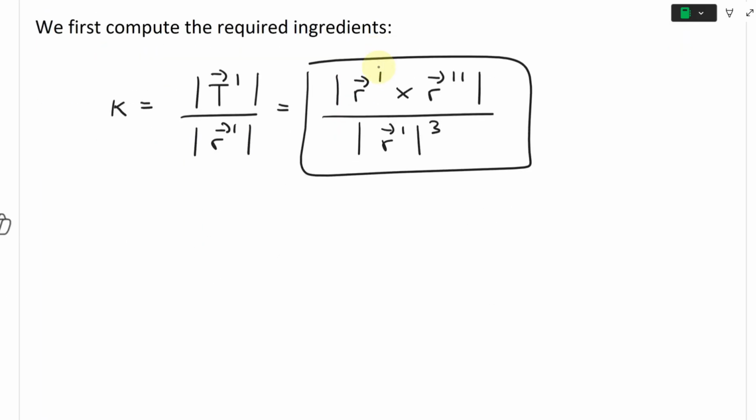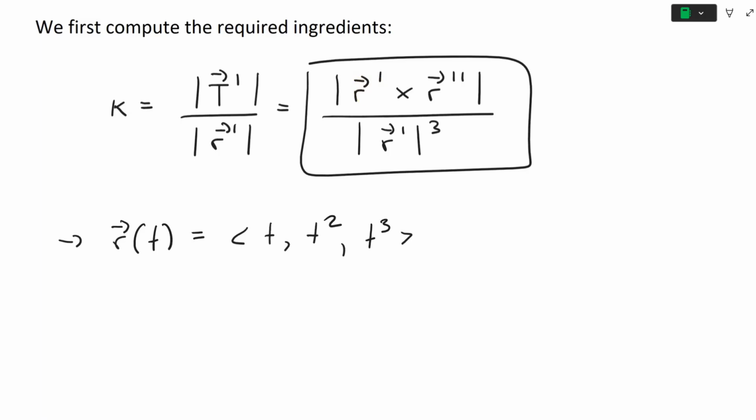We first compute the required ingredients, and that's going to be the first derivative. Let's write down our twisted cubic vector function first. This equals t, t squared, and t cubed in this triangle bracket format. Then the first derivative r prime of t equals 1, 2t, and the 3 goes down here, 3t squared.